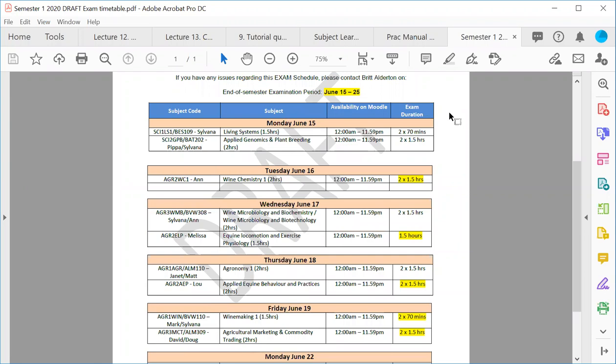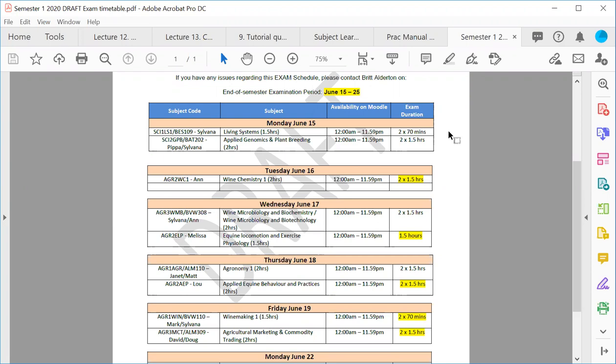All right, let me just make that a bit bigger. So the Living Systems exam is 1.5 hours. But because it's going online, in fact, all the final exams are going online, as you can see here, that's all been approved. Because they're going online, we need to give you more time to complete those exams.